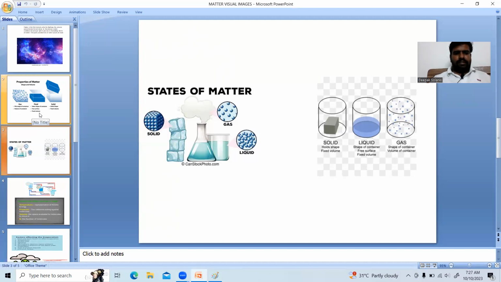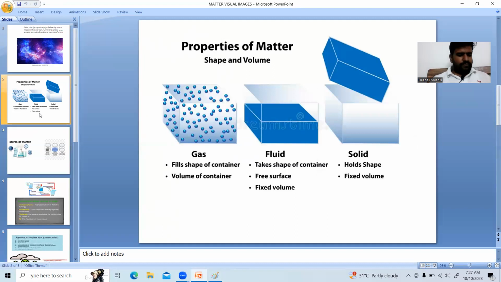Let me tell you about the physical properties of matter. It is made up of tiny particles called atoms and molecules, and they have spaces between them. Particles of one type of matter get into the spaces between the particles of other matter.